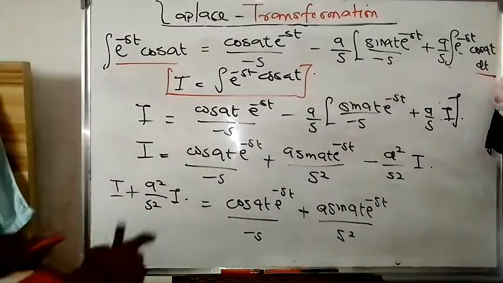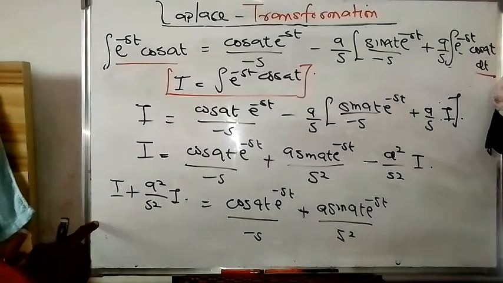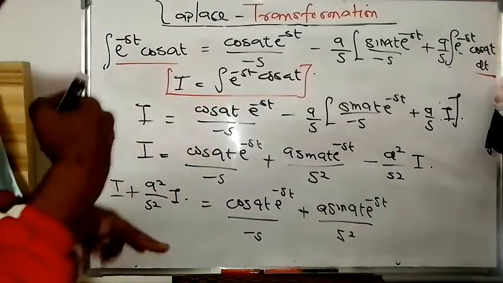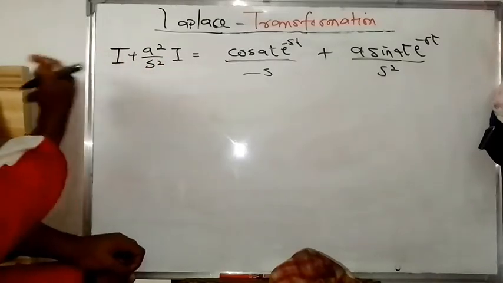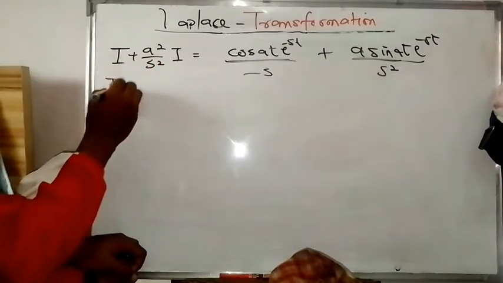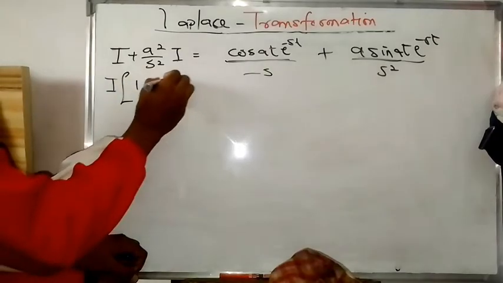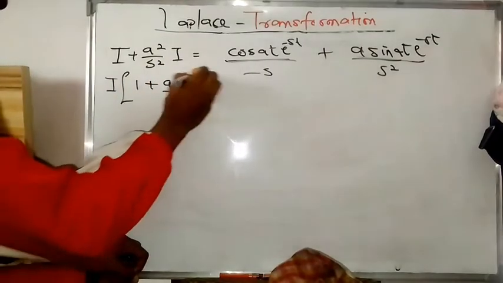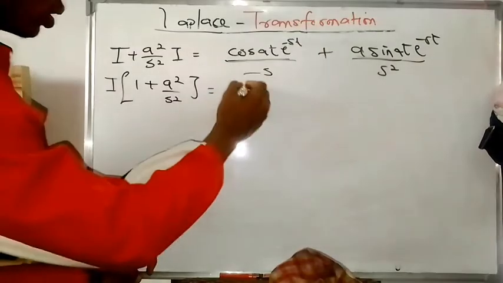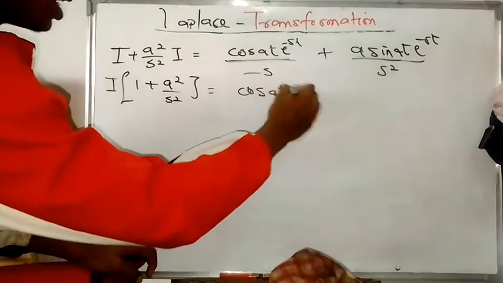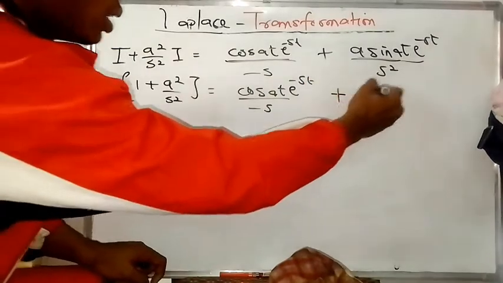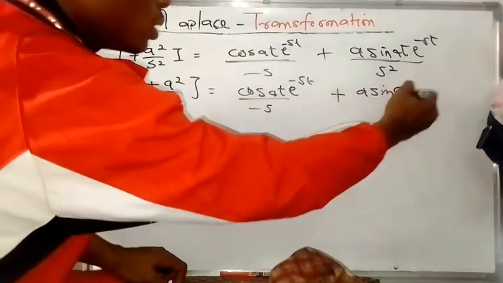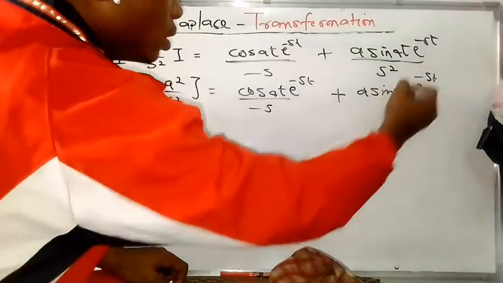So we're going to be simplifying this. For me to simplify this, I have to make I the subject of the formula, then simplify it, then take it to the other side and apply my limit. That's all. So simplifying this, factoring out I, we have I open bracket 1 plus a squared divided by s squared, then equal to this: cos at e^(-st) divided by -s plus a sin at e^(-st) divided by s squared.